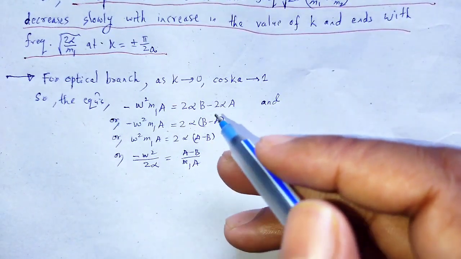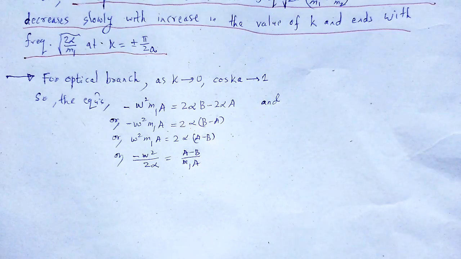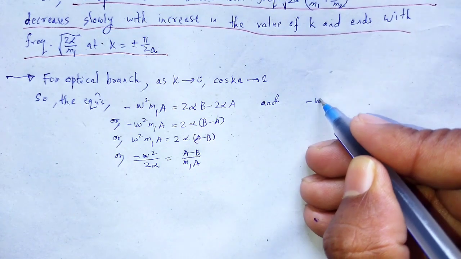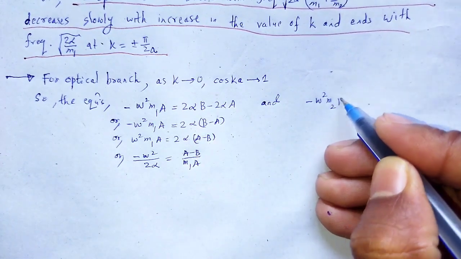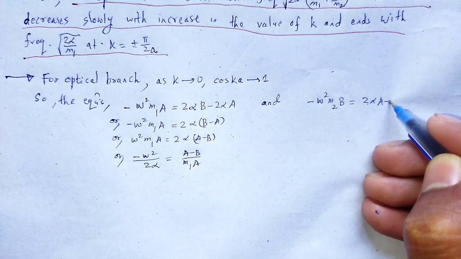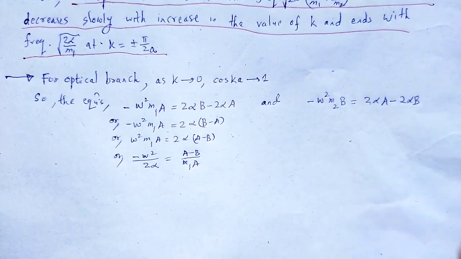And another one of that pair: minus omega square m2 b is equal to 2 alpha a minus 2 alpha b.